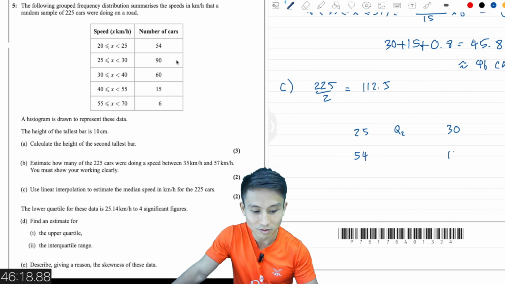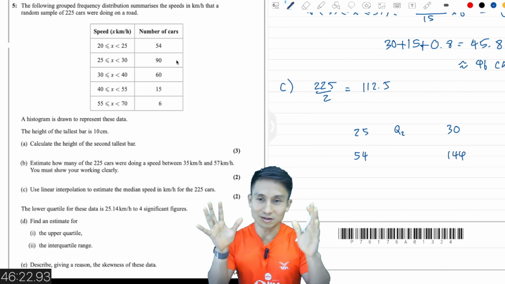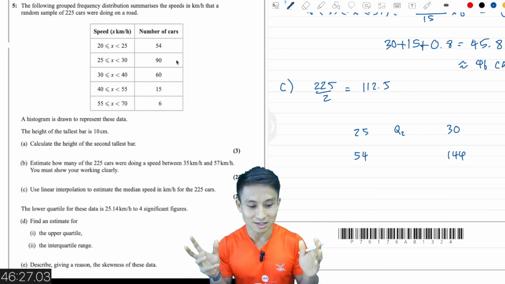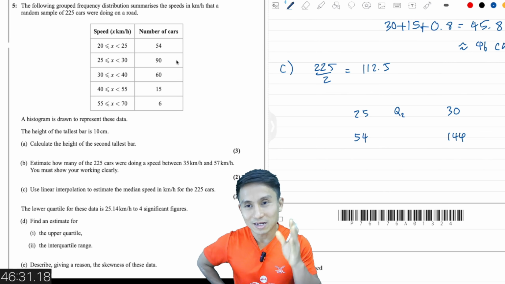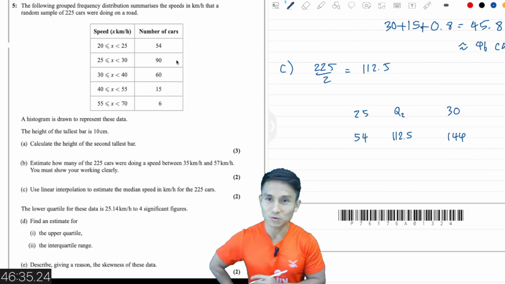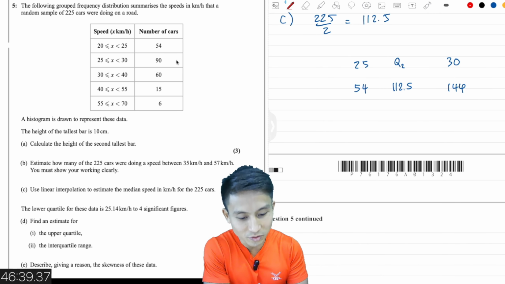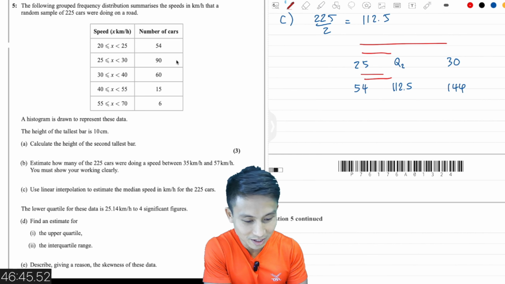So it's going to be 144 there. It's just the way that it will make the formula easier. It's easier to memorize like this. You don't need to memorize any formula. So we know that the median will occur at 112.5. That's where the median is, right? So you're going to do that distance divided by that distance equals that distance divided by that distance.